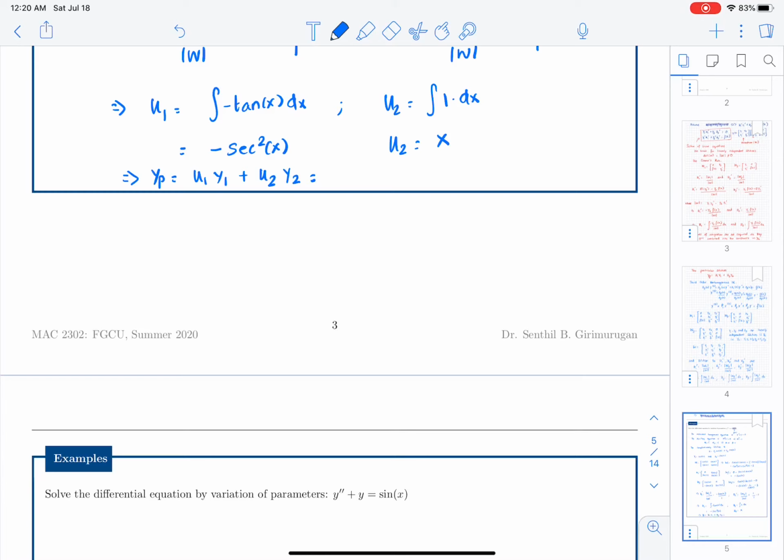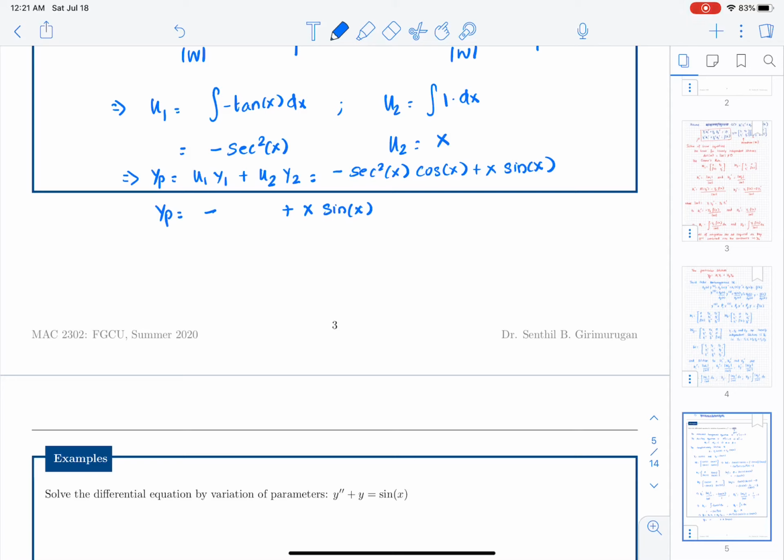So we have u1 is secant squared x times cosine x plus x times sine x. If we simplify, the particular solution would be minus cosine x plus x sine x. Oh, sorry, it's 1 over... So I paused for a second because I didn't expect to see cosine x because we already have cosine x.